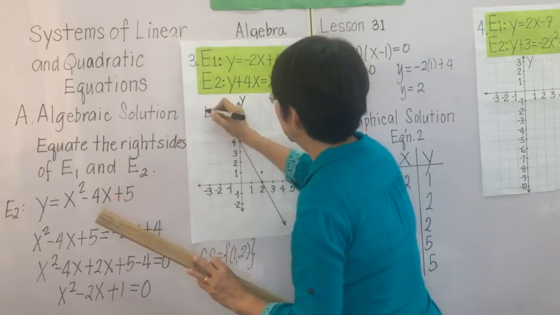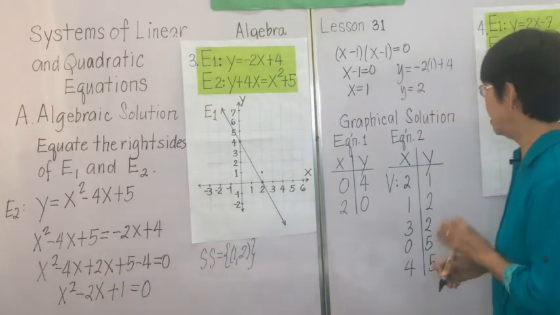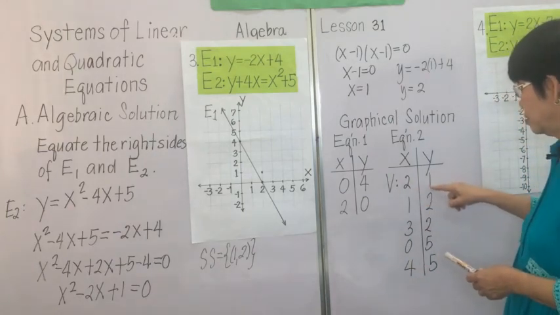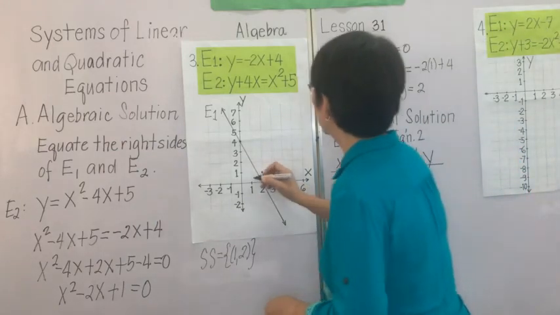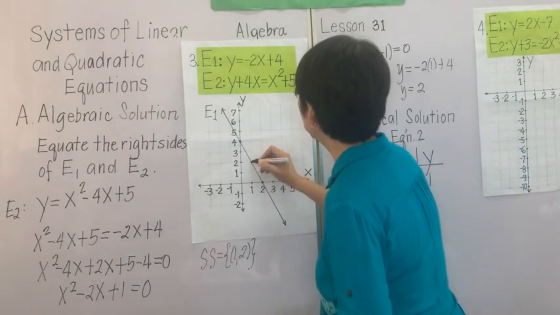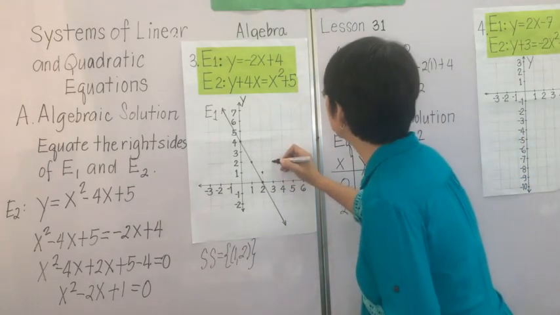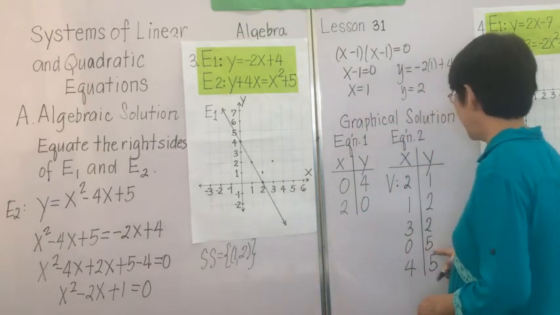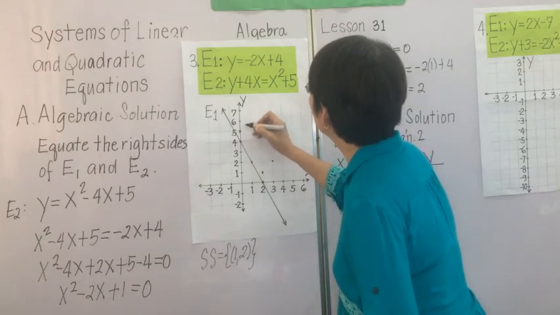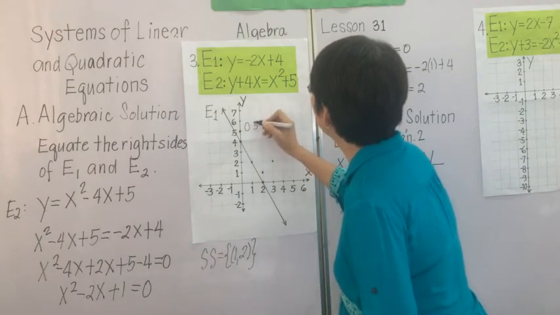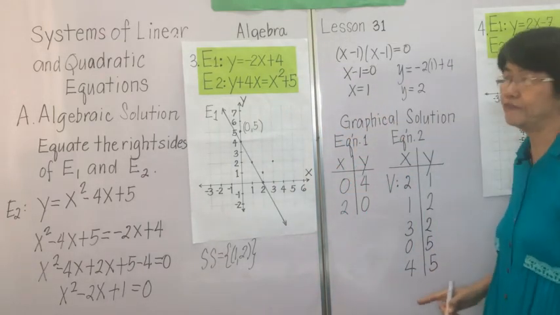This is our equation 1. And then the vertex here is at (2, 1). And we have (1, 2), (3, 2), (0, 5), and (4, 5).